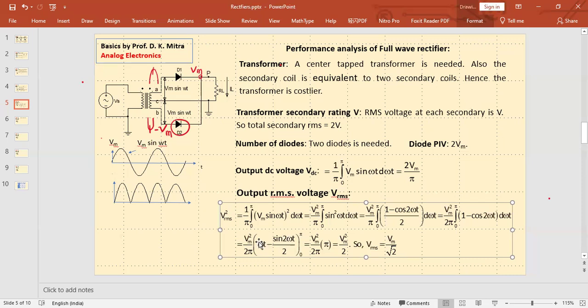So you are left with only omega t, whose upper limit is pi. So Vm square by 2 pi times pi is Vm square by 2. That is RMS square. So what is your RMS? It is Vm by root 2.